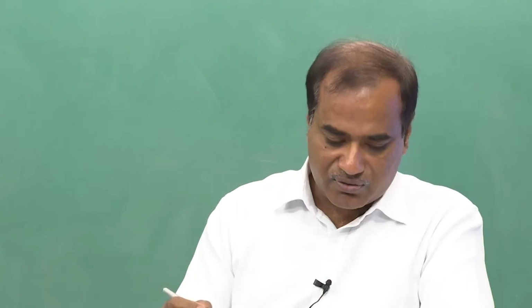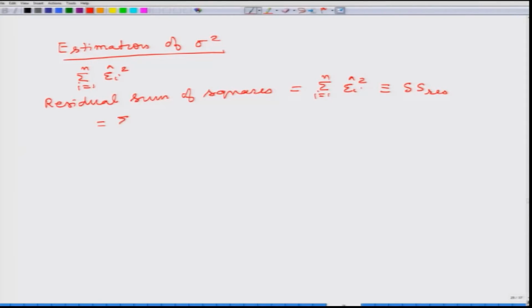If you try to see here, this quantity is nothing but summation i goes from 1 to n of y i minus beta 0 hat minus beta 1 hat x i, whole square.